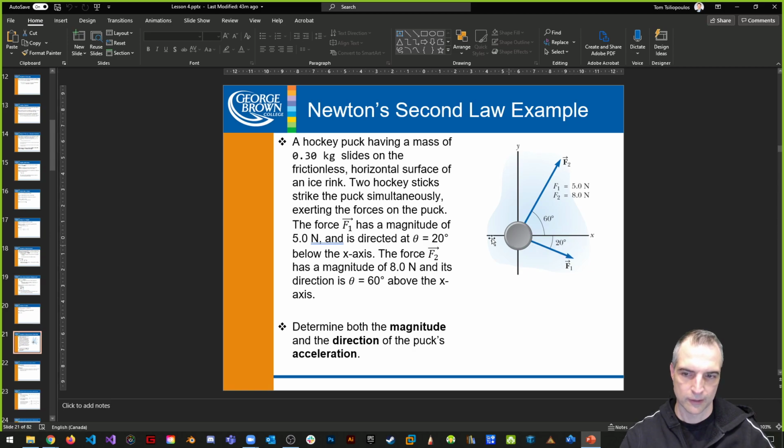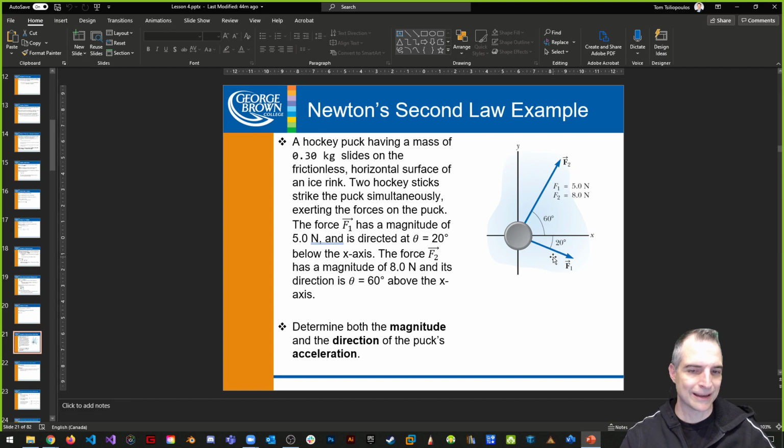Okay, this way. And the force F2 has a magnitude of 8 newtons, right? And is directed with a theta of 60 degrees above the x-axis. Notice that these two angles form a total angle of 80 degrees. Can we use Pythagorean theorem to figure out the total force, as an example, when we add these two vectors together?